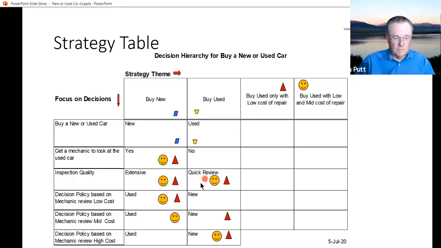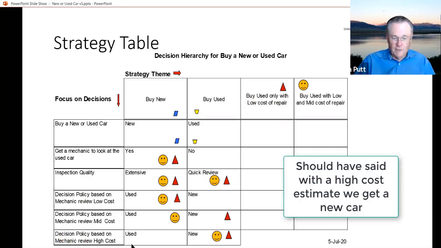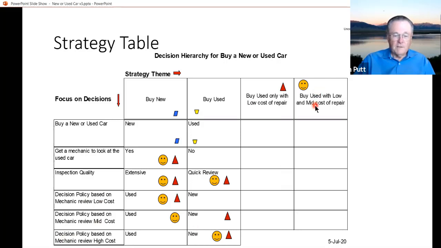The decision policy based on a low-cost mechanic review is that I'm always going to get the used car, as I said earlier. Based on a mid-cost review, I'm going to get a new car, which is what this option says: buy used only with the low cost. And based on a high-cost review, I will get a new car. So that's how the strategy table thinks this through.